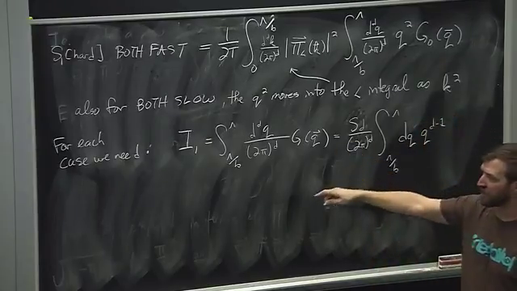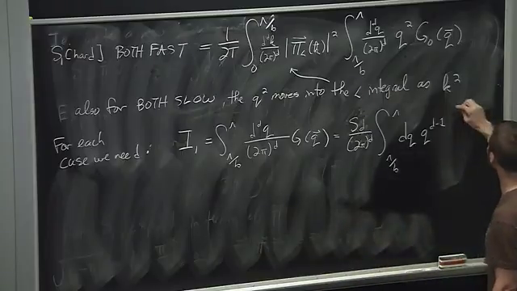And that propagator G is T over Q squared.